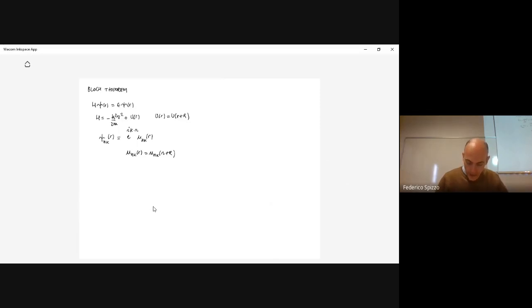In this situation, we have that the wave function depends on two indexes. One index is an integer n. The other index is, as you may see from the phase, a wave vector. And this wave vector is a sort of quantum number identifying the specific electronic level that corresponds to a specific electronic wave function.